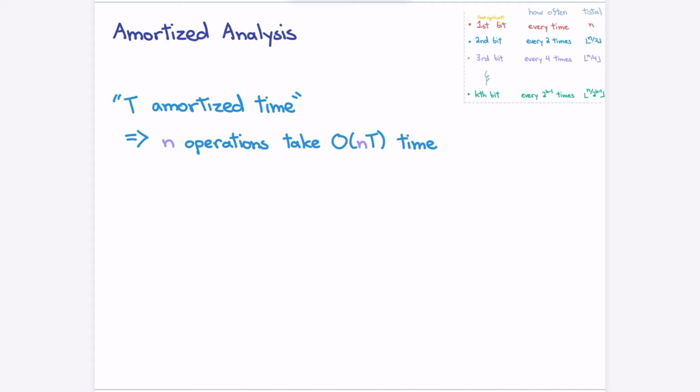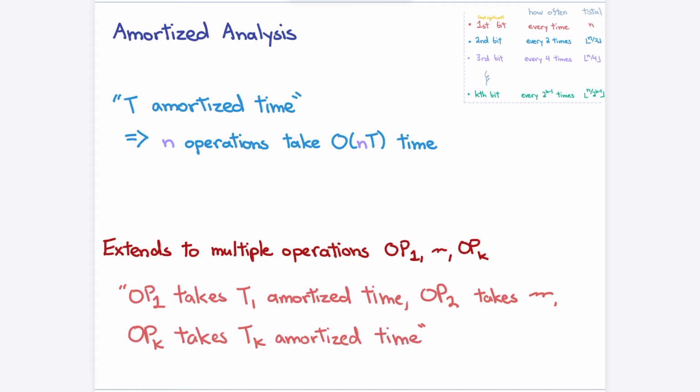You can expand this out to multiple operations. If I have a stack, you can push and you can pop. A queue, you can insert, you can remove. Search trees, you insert, delete, these kinds of things. So maybe you have different operations, and I can say the first operation takes T1 amortized time, the second takes T2 amortized time, so that if I ever have some sequence of operations, the total time corresponds to adding up the corresponding T1, T2, T3.